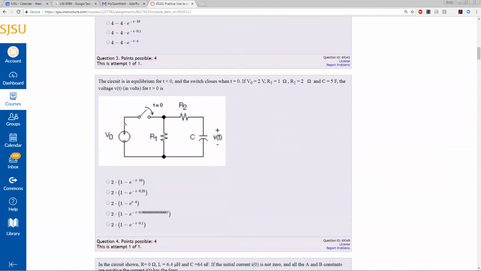So this V naught from here to here is from here to here is here to here. And even though there is a current through here, it does not affect the charging of this circuit. And so you get the time constant is R2 and is composed of these two. All right.